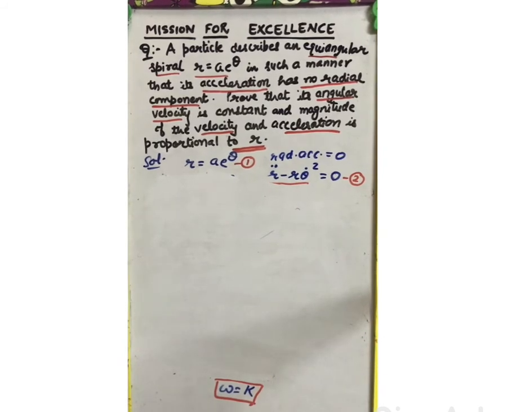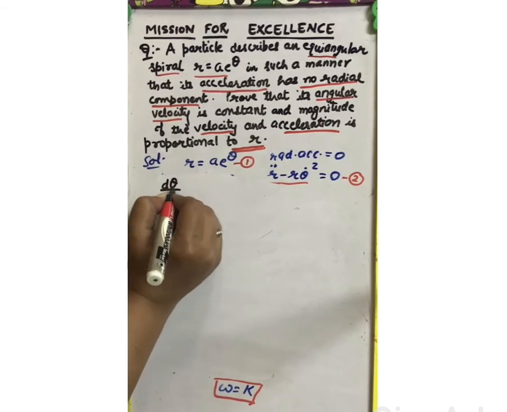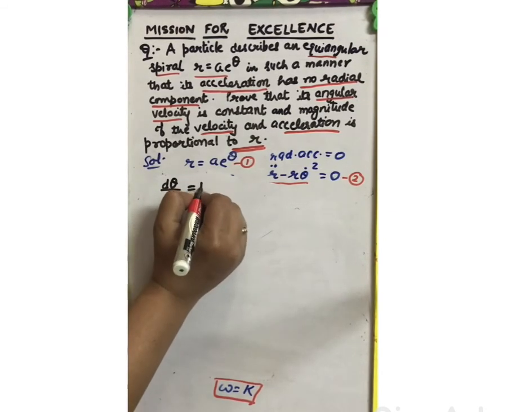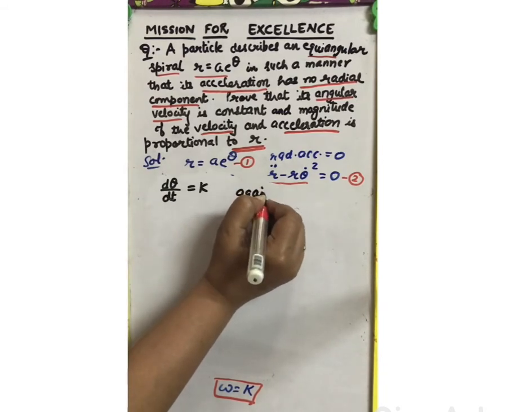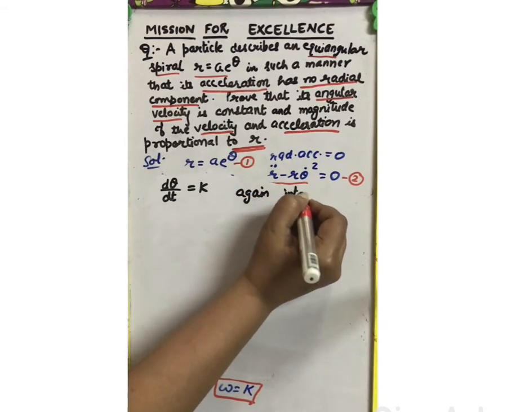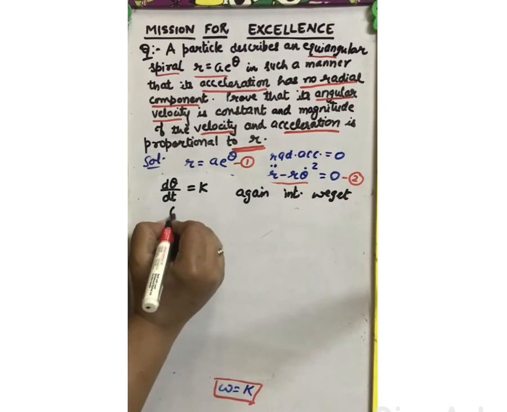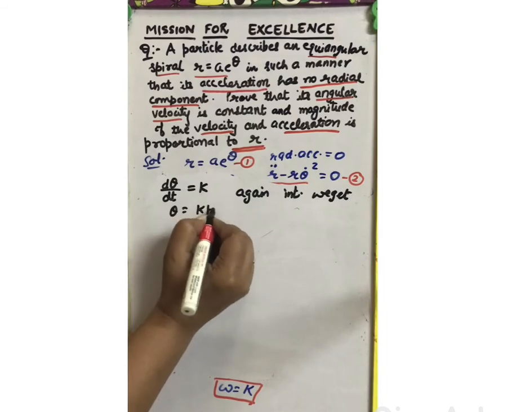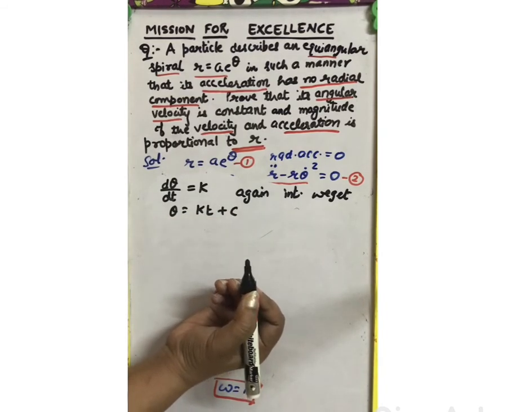Now again let us take this omega as d theta by dt equal to constant k. So again integrating, we get theta as kt plus c, where c is another constant of integration.